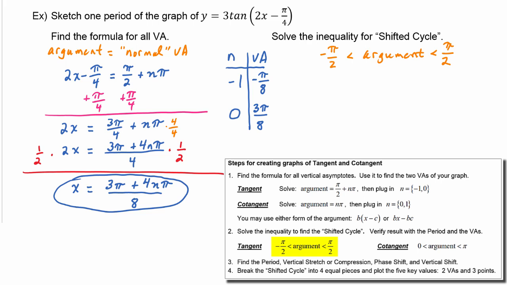So in this case, we'll say negative pi over 2 is less than 2x minus pi over 4 is less than pi over 2. We're going to need to add pi over 4 to all three pieces of the inequality.